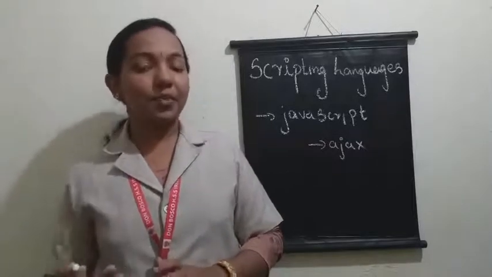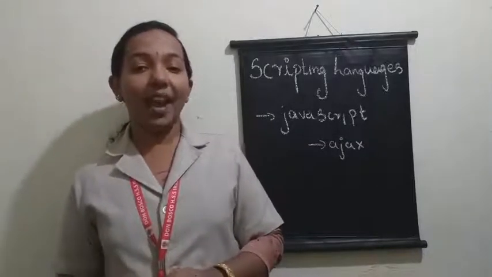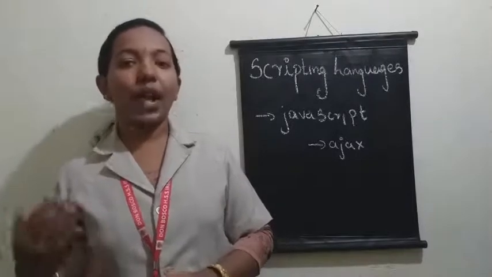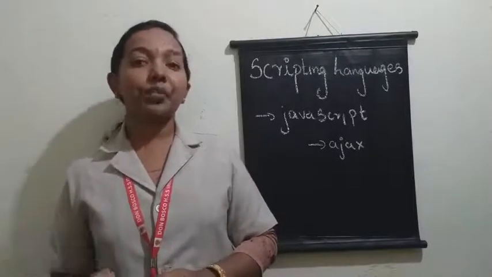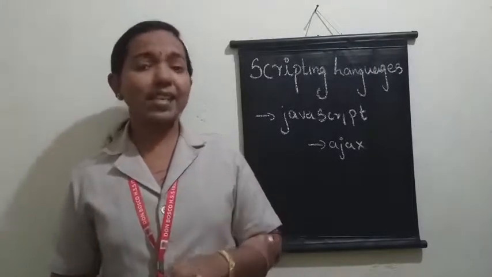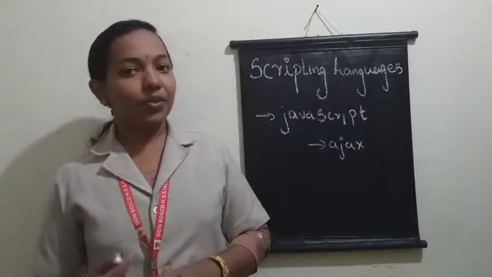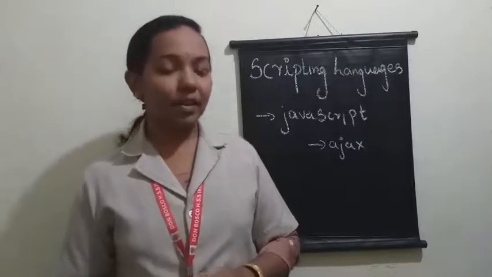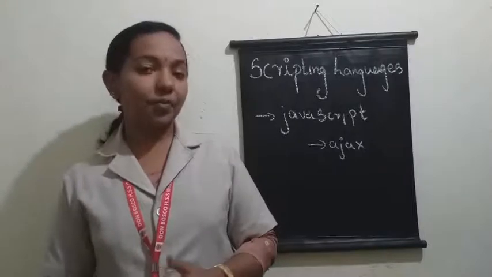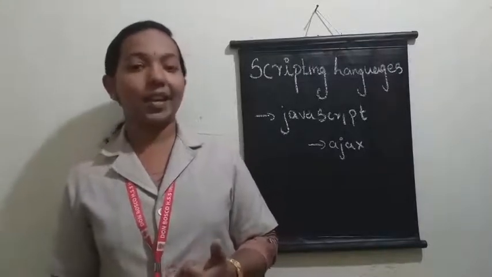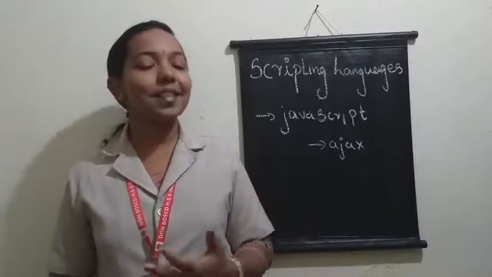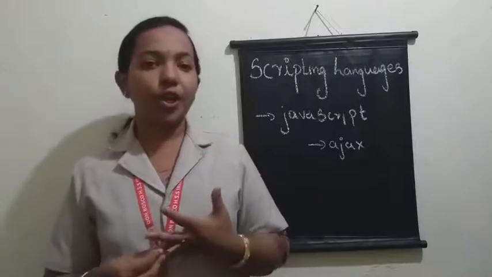So in JavaScript we can add a separate or external file to our web page using the SRC attribute. That is the speciality of JavaScript. Using JavaScript, we can perform validation statements and also add an external file with the extension .js.